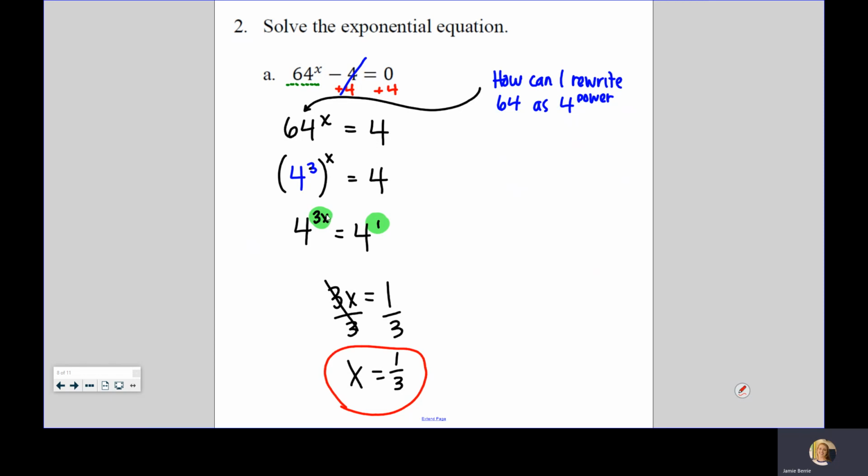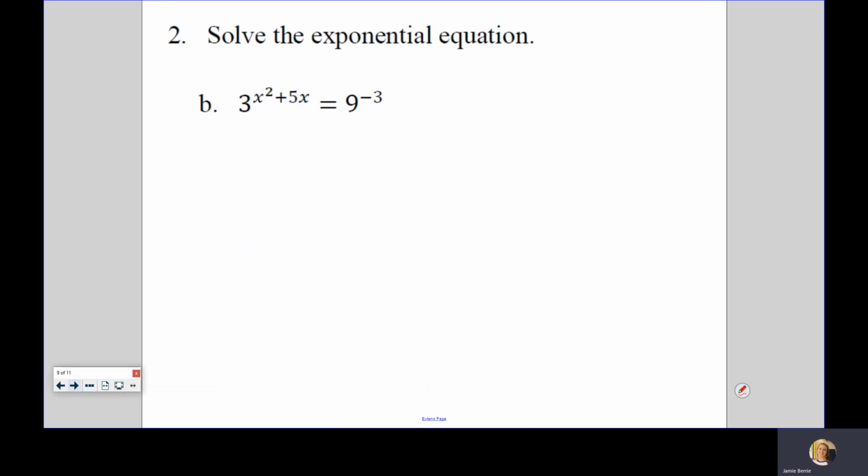You can if you want to, but you don't have to. So pretty easy. Just get the exponential expression on one side, make them have the same base, set the exponents equal.